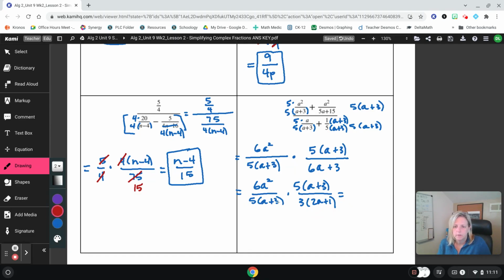So we have multiplication with everything. Our addition and subtractions are all included within parentheses. So a plus 3 will cancel. The 5s will cancel. And this 3 will simplify that 6 down to a 2. So if we multiply across the top, we have 2a squared. And if we multiply across the bottom, we have 2a plus 1.